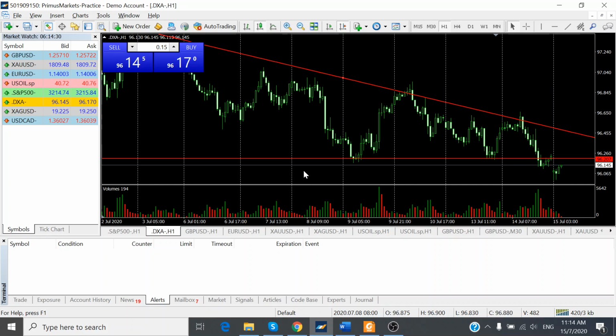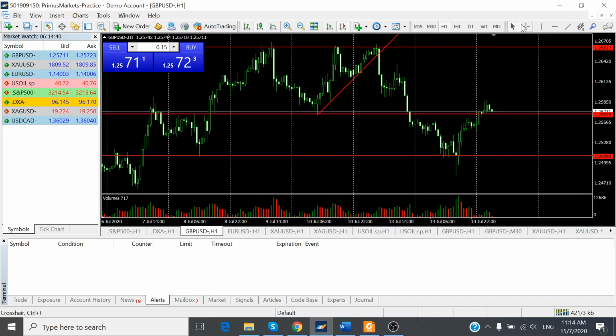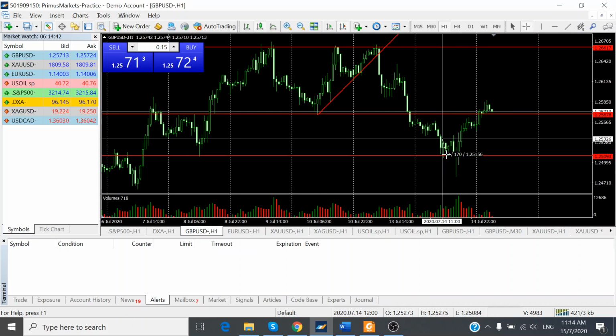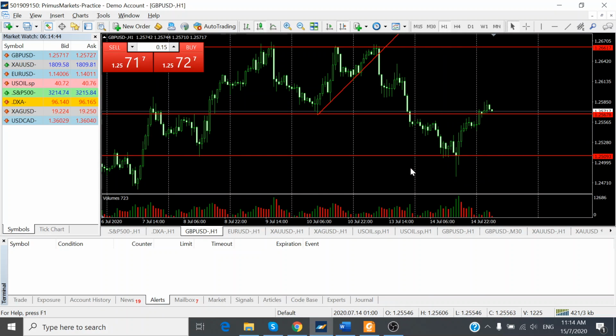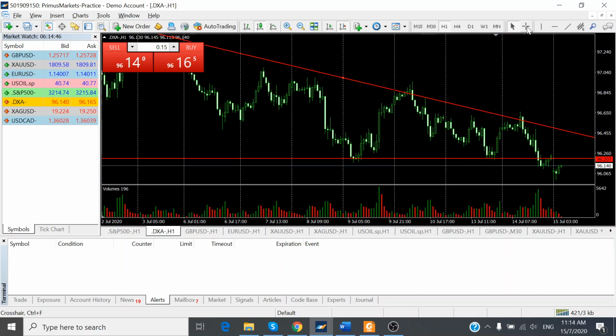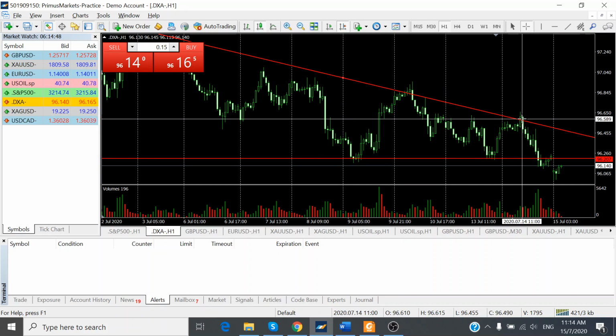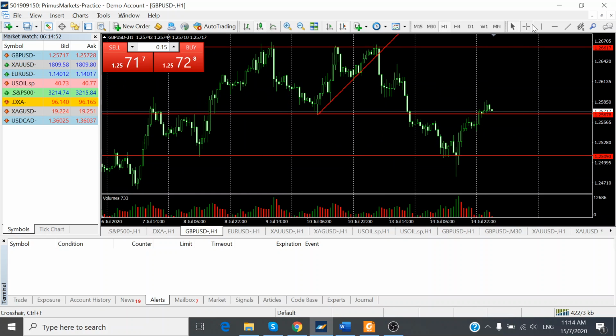US dollar was mostly bearish yesterday, weakening during the UK trading session at about 4 p.m. local Singapore and Malaysia time. We do see the UK pound still stubbornly going down against the trend of the US dollar. That means that as the US dollar was weakening from about 4 p.m., the UK pound did not strengthen immediately.